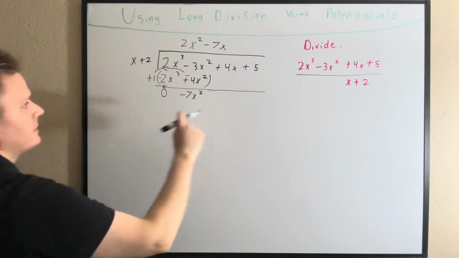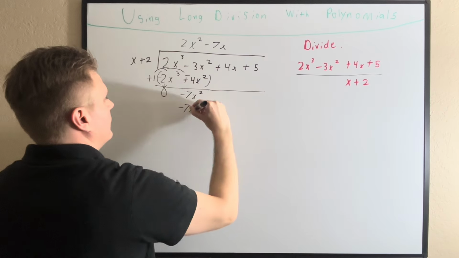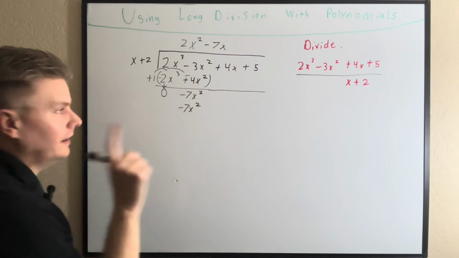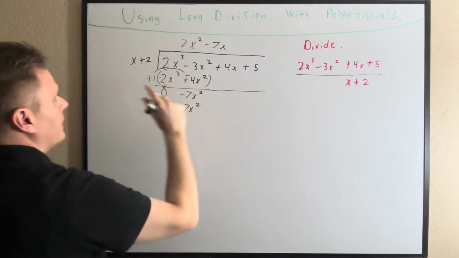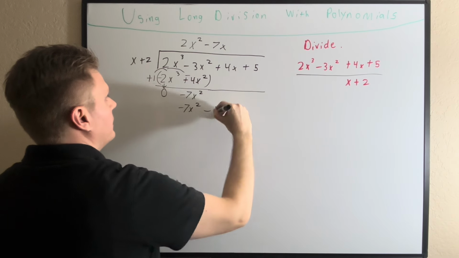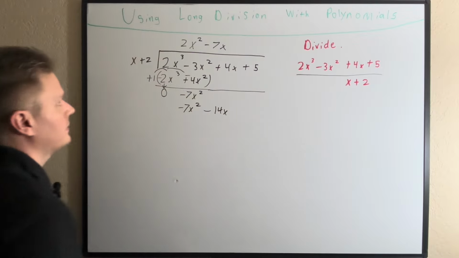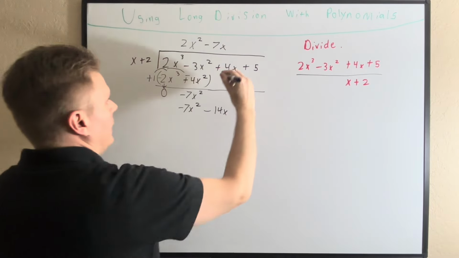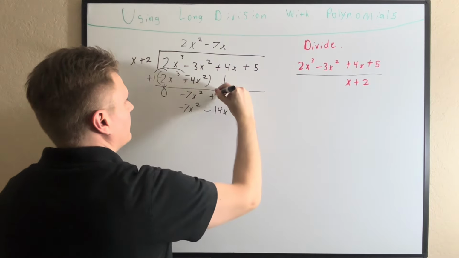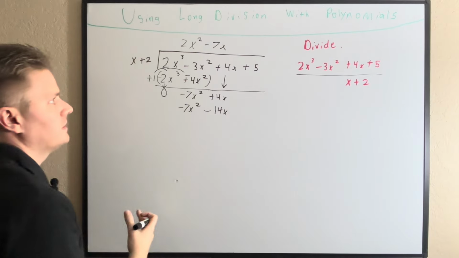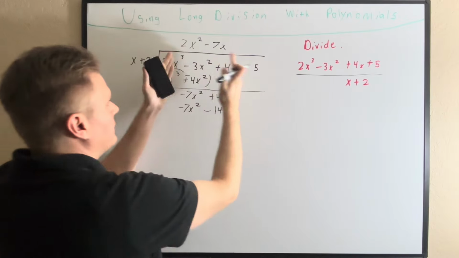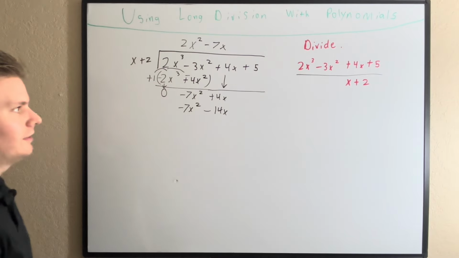Because we only have one x. Negative 7x squared. And again, we got to distribute. Negative 7x times positive 2, negative 14x, right? And we bring down the next term. Instead of each individual digit like we did in normal long division, we're treating each term like it's a different digit in our number.